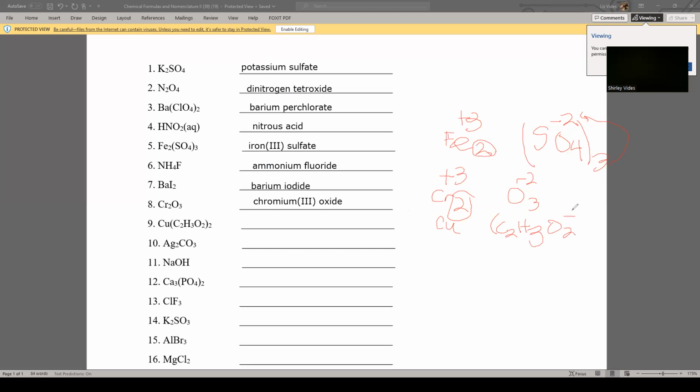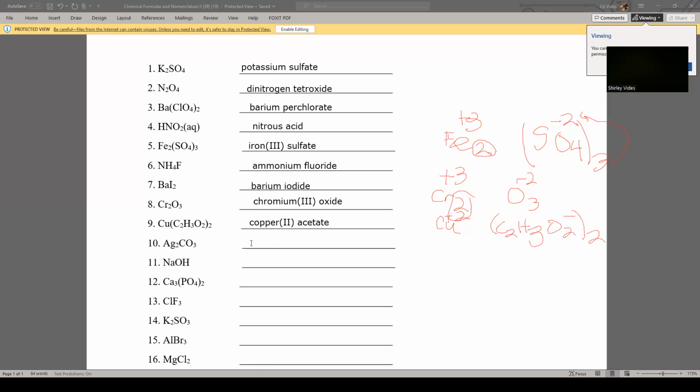Negative by itself, yeah. And then times 2 gives me 2. So there's a 1 here, so we don't have to really divide. So this is a +2. So we know that this is copper 2. So now we can name it. This is what I call compound math. Because you got to do a little math to figure it out.